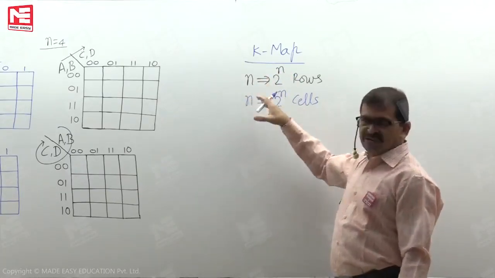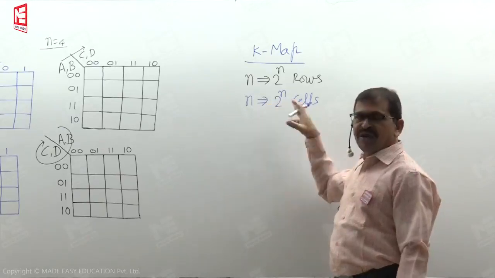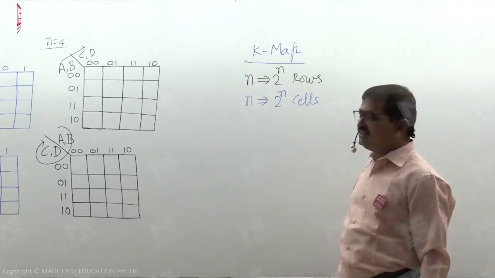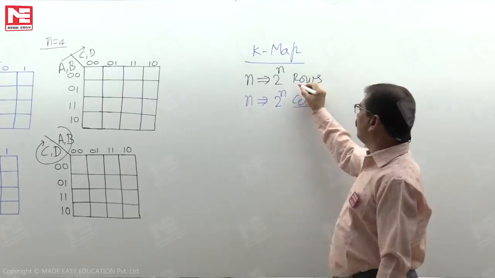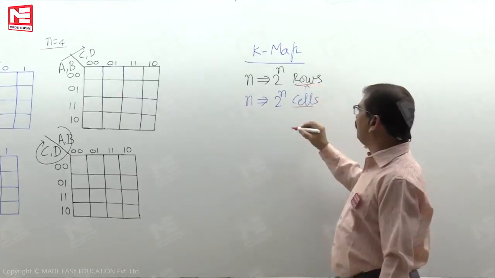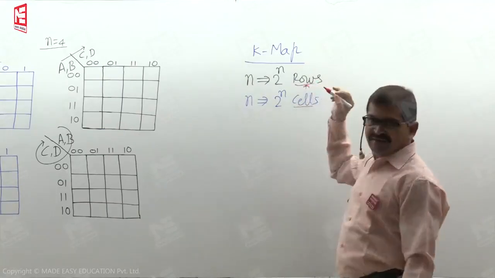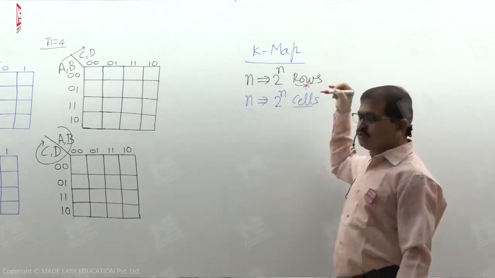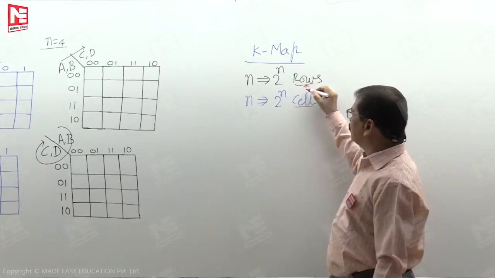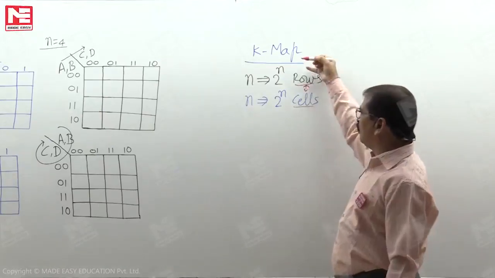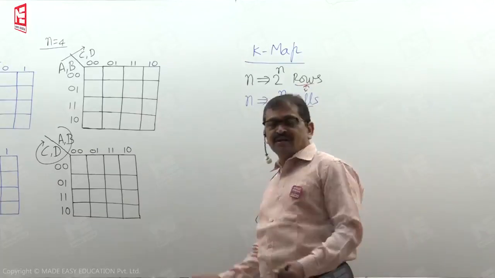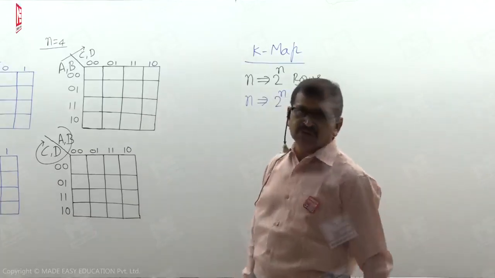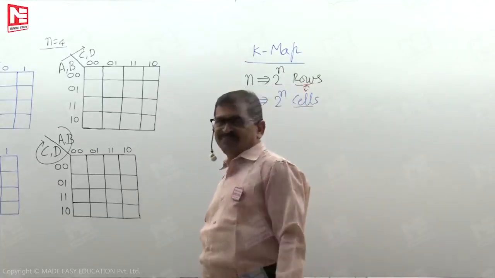The same function, if we look at it as a K-map, needs 4 cells. So based on this, a cell is equivalent to a row, or a row is equivalent to a cell, whenever we look at the one-to-one correlation between the truth table and the K-map.